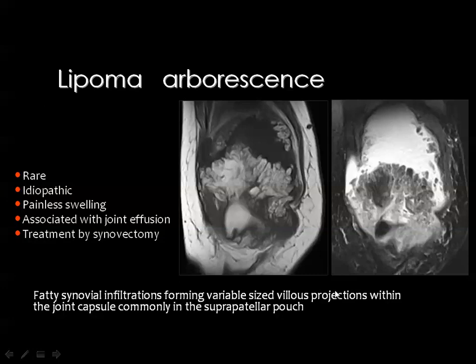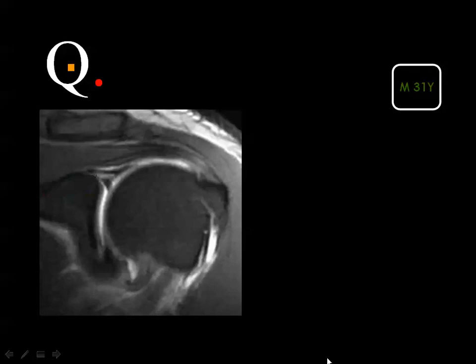And this is a very illustrative appearance of lipoma arborescens. You see the anterior knee joint space is distended by fluid, and there are frond-like projections of fat signal intensity in the T1 and T2 images. Diagnostic of lipoma arborescens.